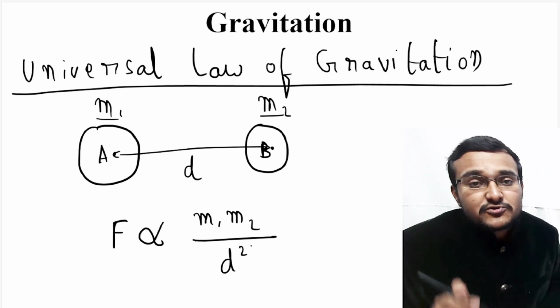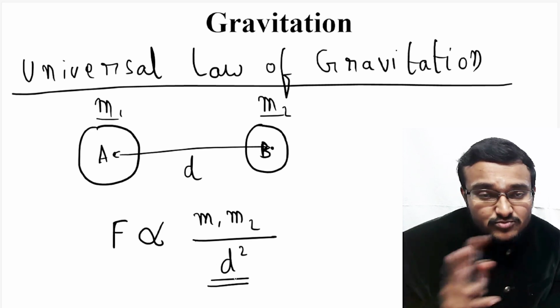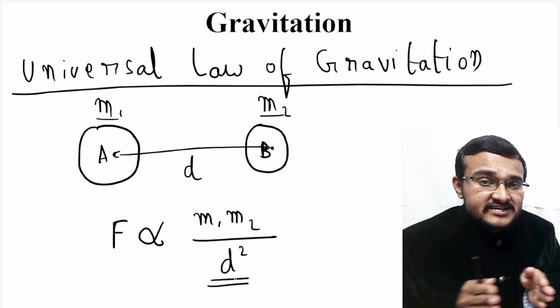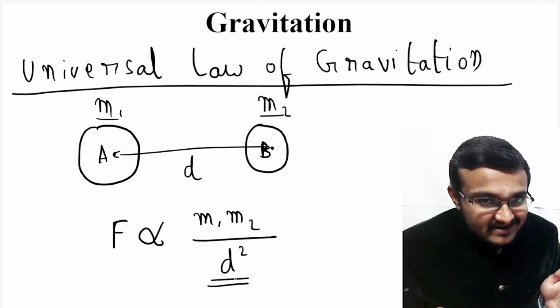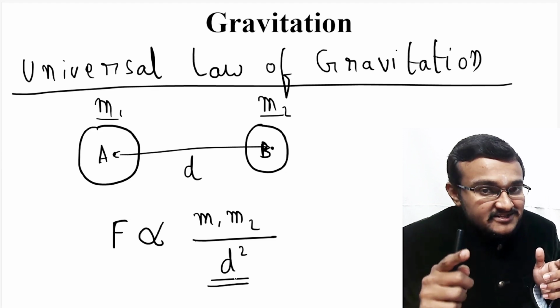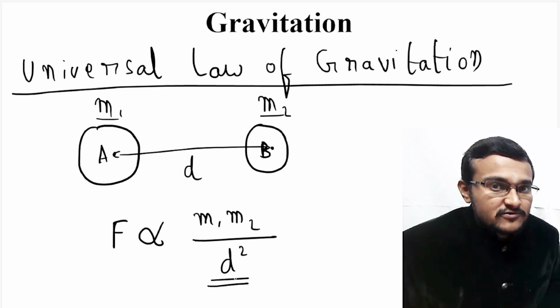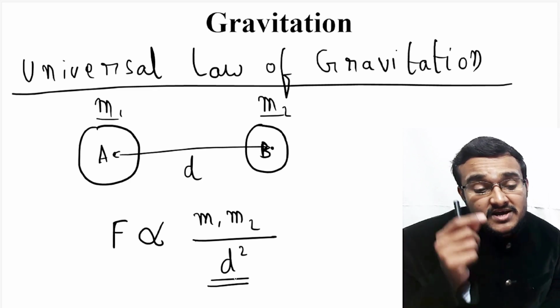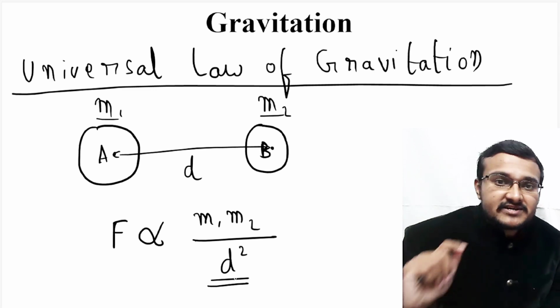That means gravitational force is inversely proportional to the square of the distance between both the objects. So now if the distance between these two objects is increased by 2 times, then the gravitational force will be reduced by 4 times, because the square of 2 is 4, and gravitational force is inversely proportional to the square of the distance.